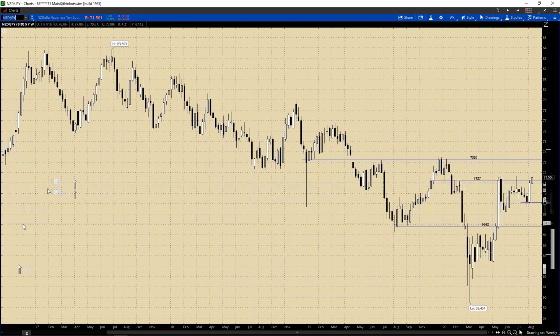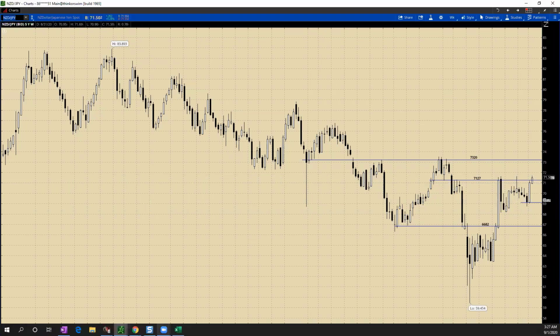But everything else we had to look from a weekly perspective because of some of these moves. So you can see here, not only did we get up here to 71.27, we've even gone above it here. So resistance would be right there, which is going to be 71.82.